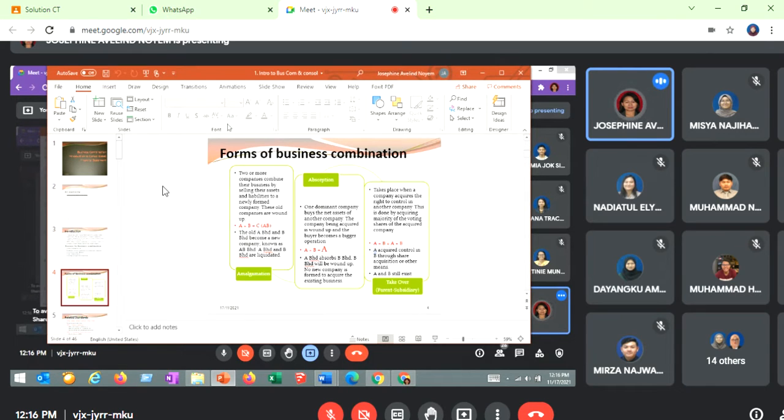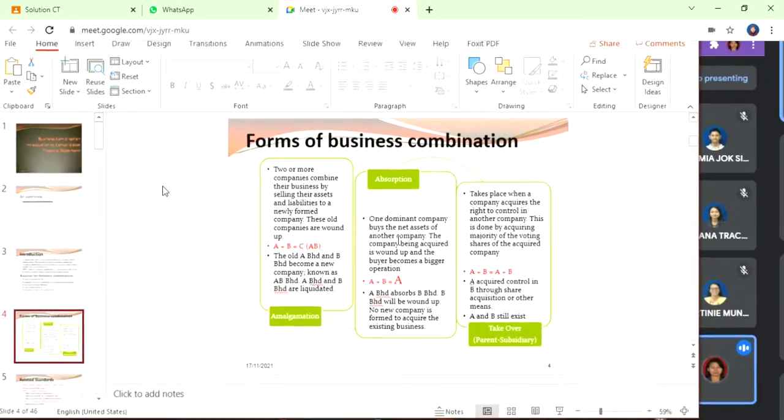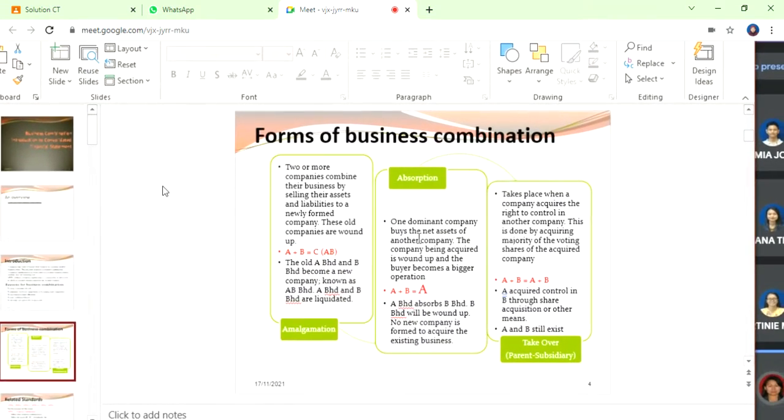Now, let's look at the forms of business combination. Like I said, a company desires to expand the business. These are some of the common methods. One is called amalgamation. Amalgamation is where you have, for example, company A and company B. When A and B decide to combine their business, they will have to wind up the whole business.